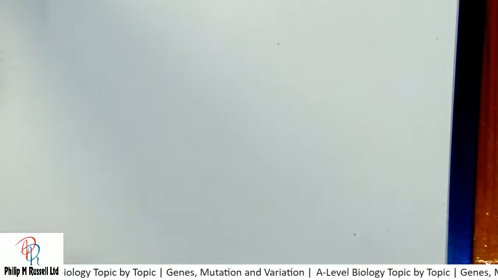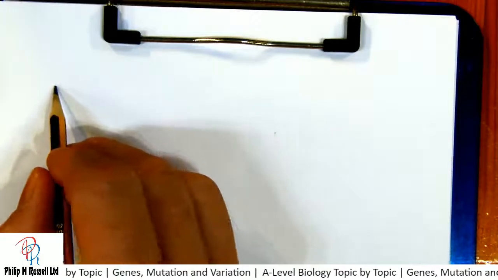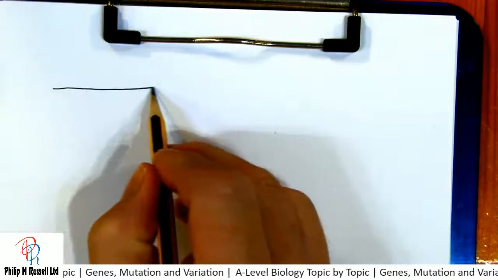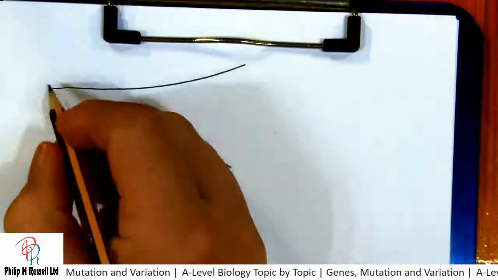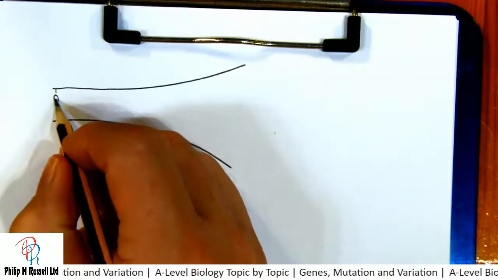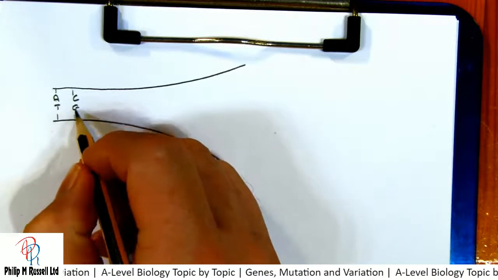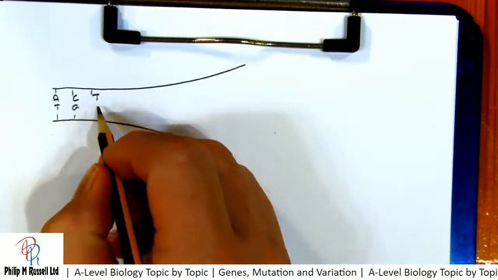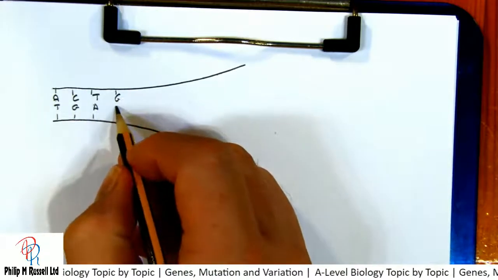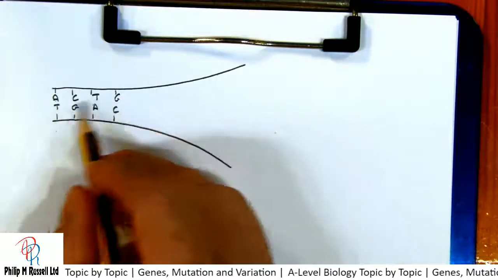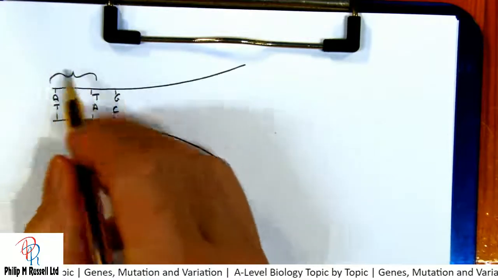What we've got is this idea of DNA replication, and it's very clever in the way that it works. We've got our two strands of DNA, and we've got our bases, A with T, C with G, T with A, and G with C. So we've got these bases, and each three forms a codon.